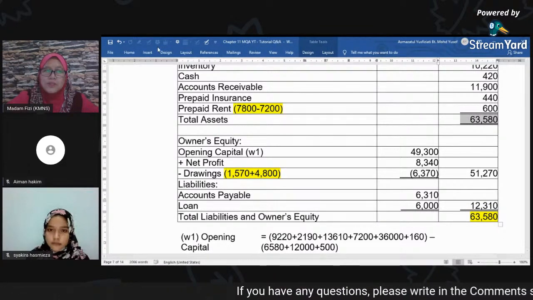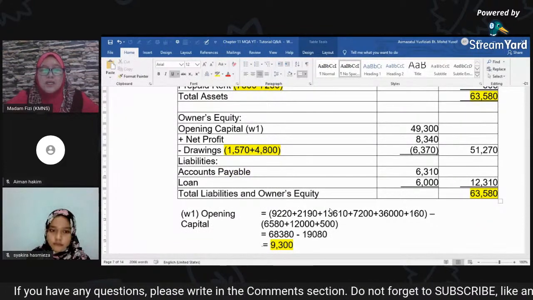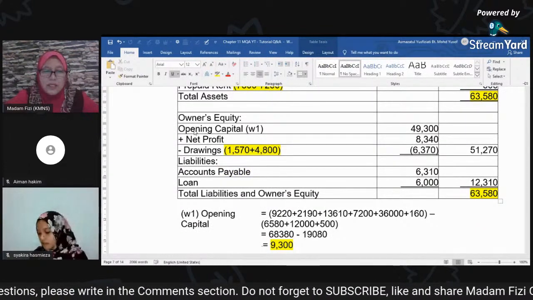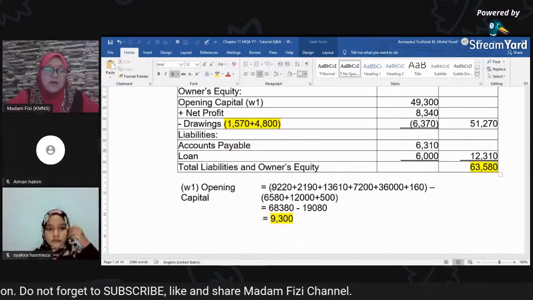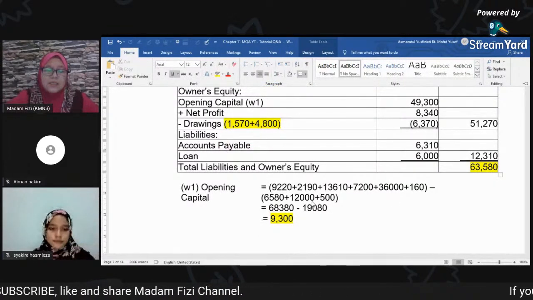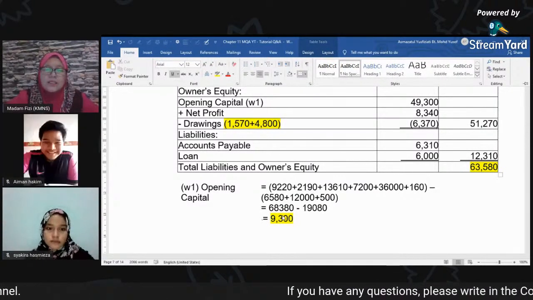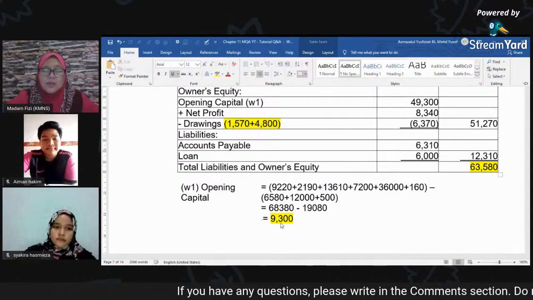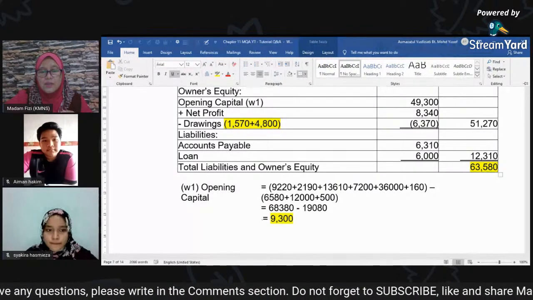Asset equals liability plus owner equity. How to get the opening capital just now is opening asset minus opening liability. So you calculate like this and then you can get 49,300. Okay, is there any question so far?